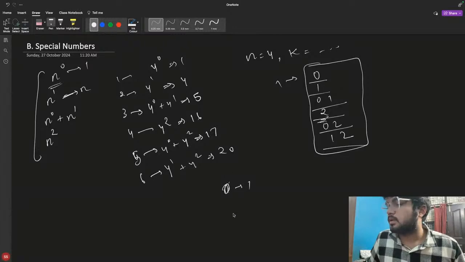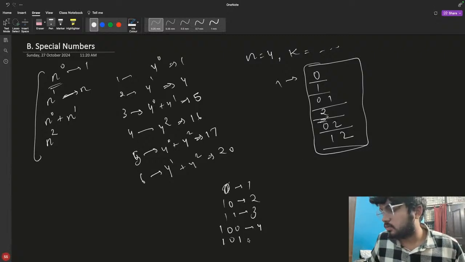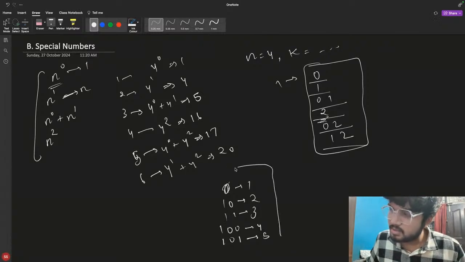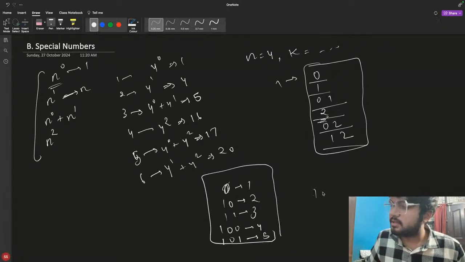This is the second bit, this is 2. Then this is the third, where 0 and 1 are set. This is 3. Then the second bit is set, this is 4. Then 0 and 2, which is 5. So can we see the kth number?